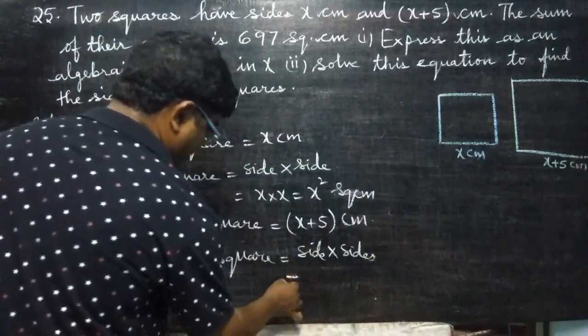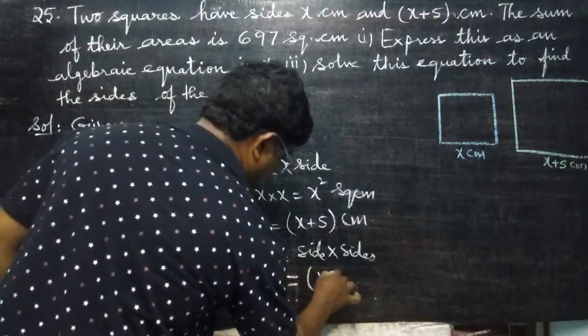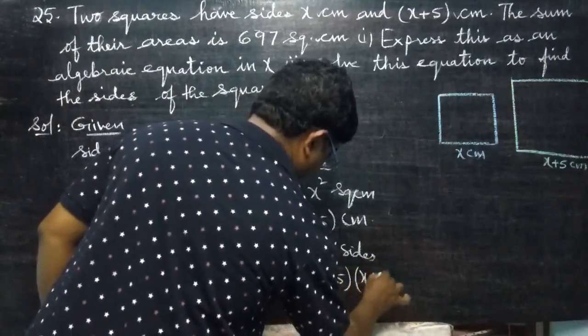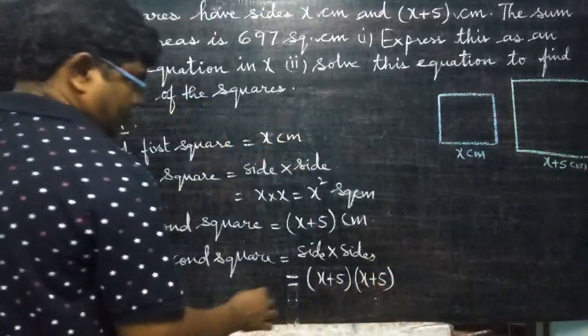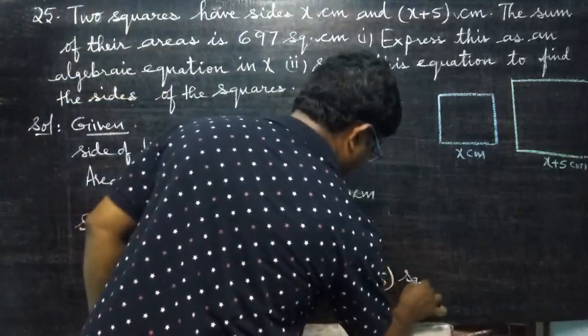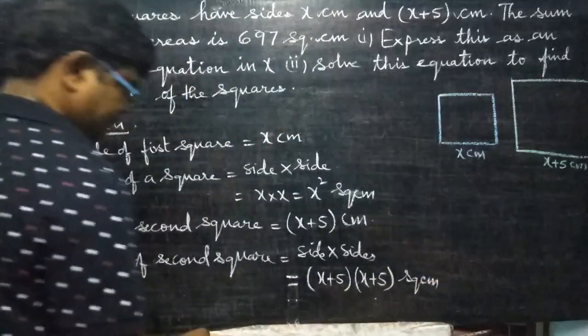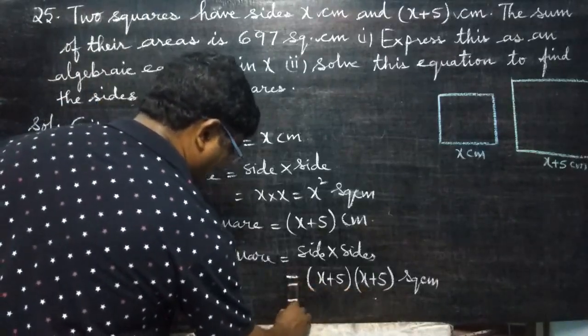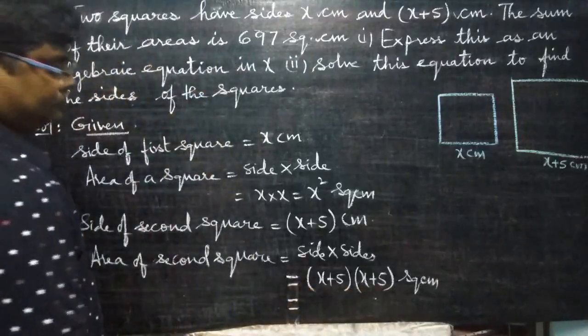Now x plus 5 into x plus 5 square centimeters. Don't forget these units. a plus b into a plus b. This is the a plus b whole square formula.